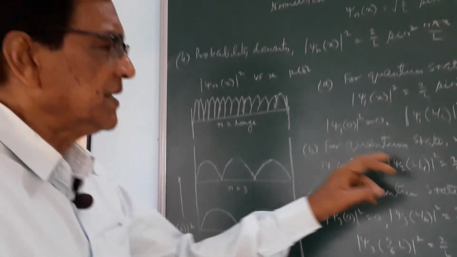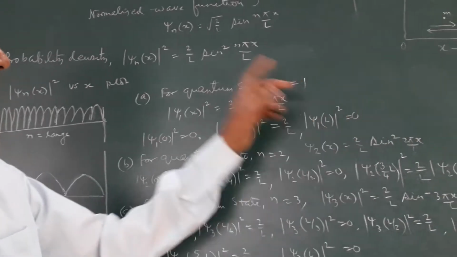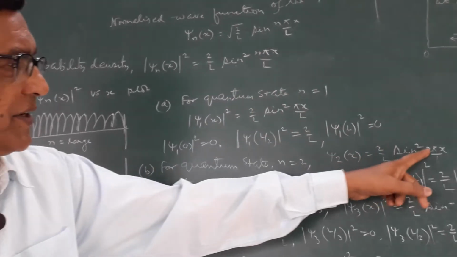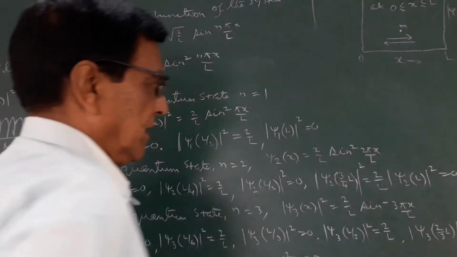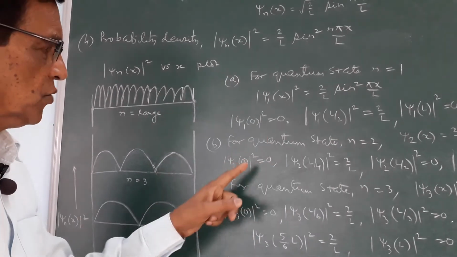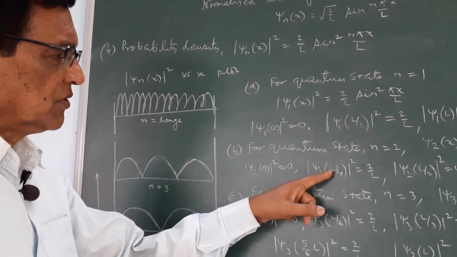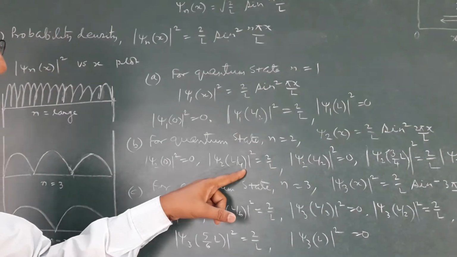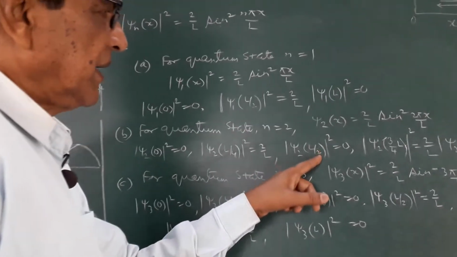For the quantum state n equal to 2, psi 2 of x square equals 2 by L sin square of 2πx by L. So again for quantum state 2, when x equal to 0, it is 0. At x equal to L by 4, it is maximum, 2 by L. At x equal to L by 2, it is 0.